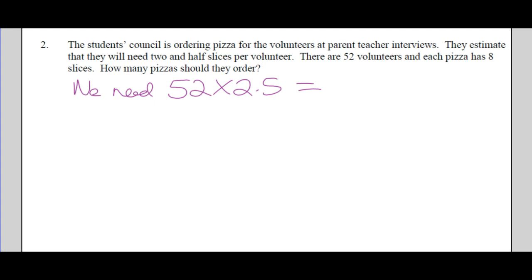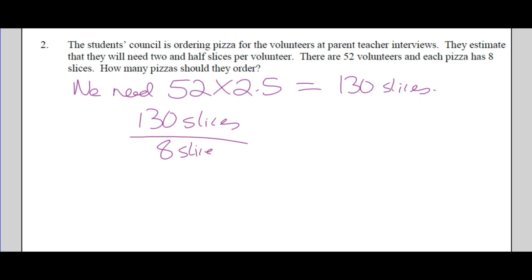And then divided by 8. There are 8 slices per pizza. So 130 slices divided by 8 slices per pizza. The interesting thing, when you're dividing, you see slices and slices, and you've got the per pizza on the bottom. These cross off, and this flips, so it'll become pizzas.